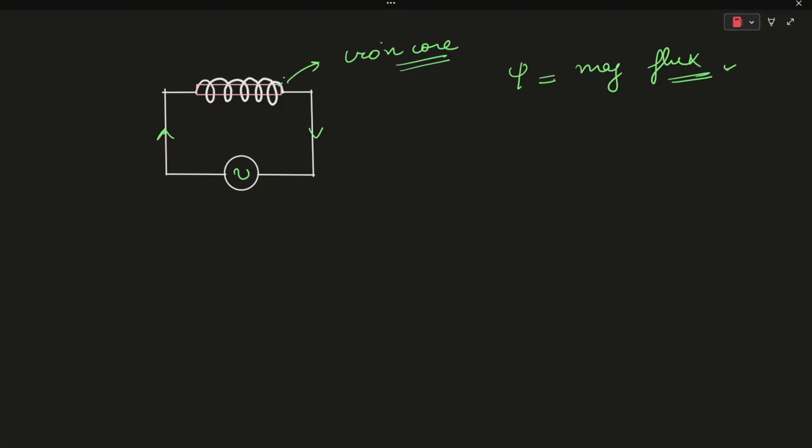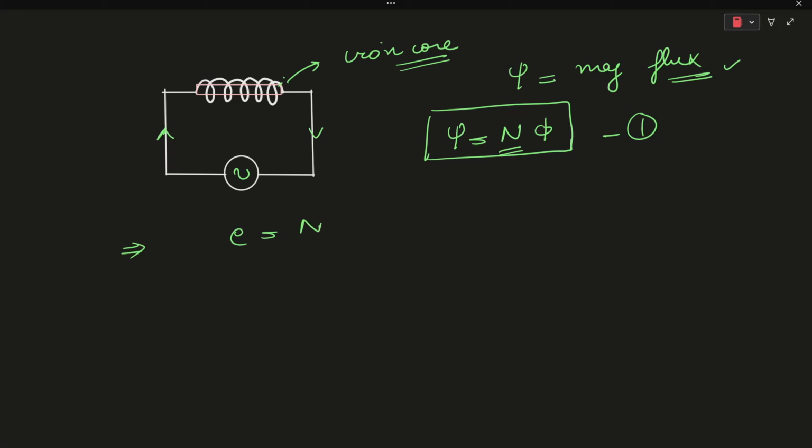So psi will be equal to n times phi, where n is the number of turns of the inductor coil. Let's say this is our first equation. According to Faraday's second law, E is equal to n d phi by dt.